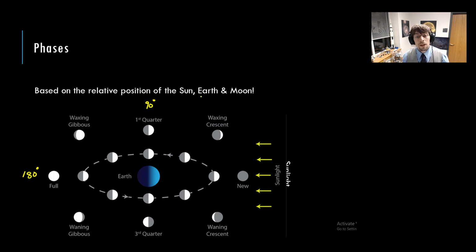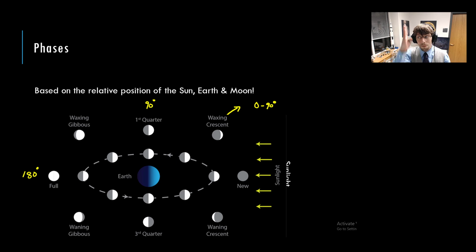So the question then becomes, for a waxing crescent, what's the angle between your arms going to be? Yeah, good. It's going to be between 0 and 90. Not a trick question, I just want you to give me the answer. So the waxing crescent is going to be between 0 and 90 degrees. Notice it's a wide range, and it'll stay in the waxing crescent for about 7 days.